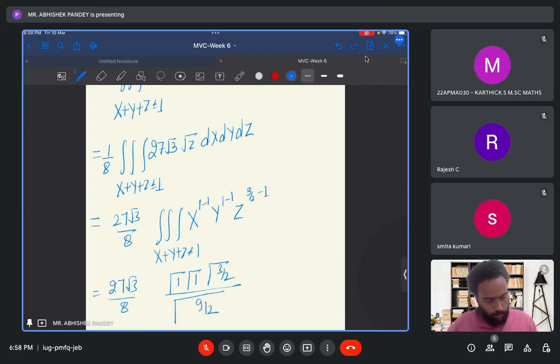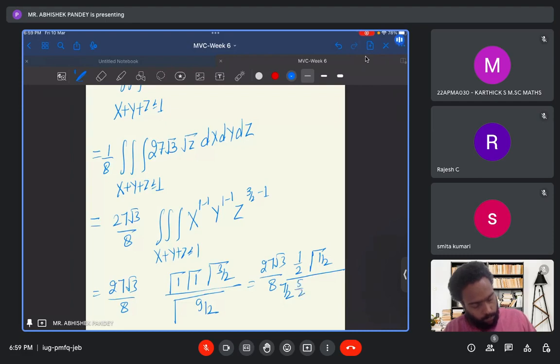Now this will be 27 root 3 by 8, and this will be 7 by 2 into gamma of 7 by 2, then gamma 7 by 2 you can write as 5 by 2 gamma 5 by 2, then this is 3 by 2 gamma of 3 by 2, and here already gamma of 3 by 2 is there.